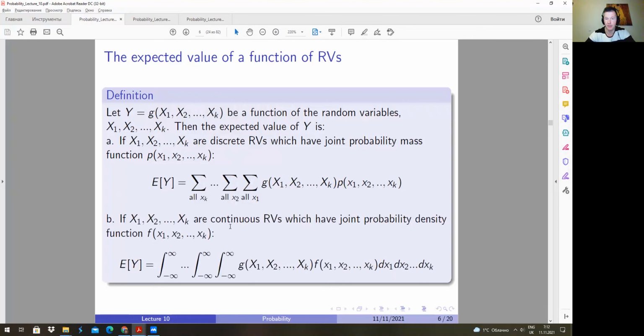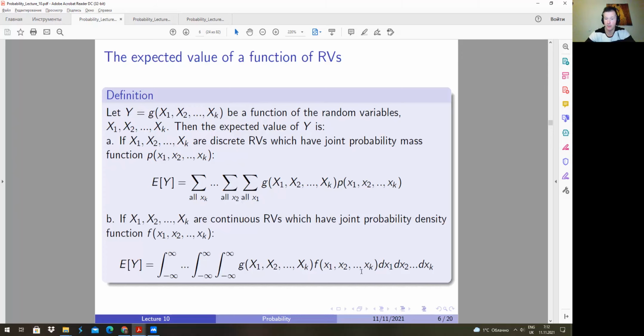If random variables are continuous, as you may guess, we just change the summation signs with the integrals. We integrate over the whole range of real numbers from minus infinity to plus infinity. And instead of the mass function, we multiply by the density function, the joint density.